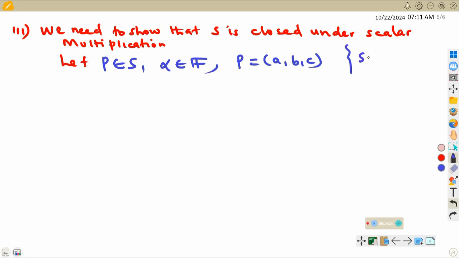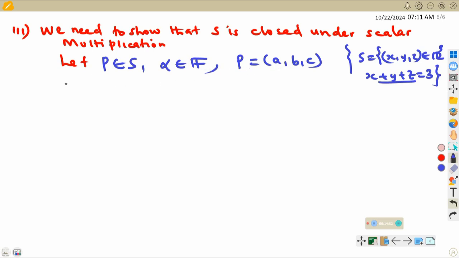Remember that S is when you have X, Y, and Z, which are elements of R3, then X plus Y plus Z gives us a 3. This is the condition that must be satisfied for any vector picked from S. So we let our P be an element from S, and we have our alpha from the real numbers F. Then P is of this form.